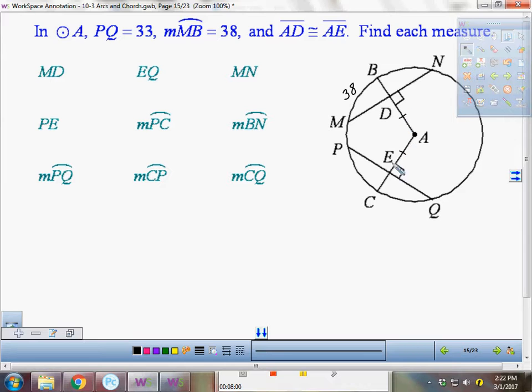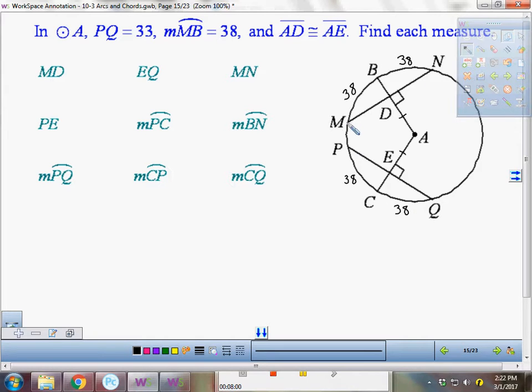And we know that if those are congruent, then the chords are congruent. So since PQ is 33, that means MN is also 33. And then I also know that they bisect. So if this is 38, that means BN also has to be 38. And since the arcs are the same, because the chords are the same, this is 38, and this is 38.